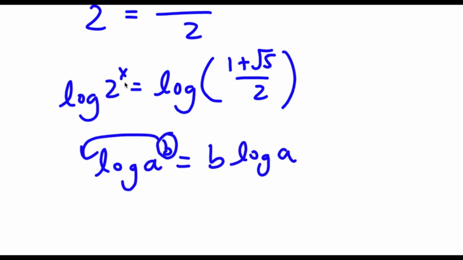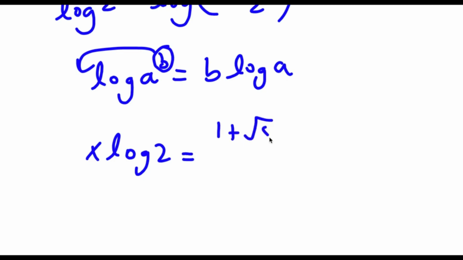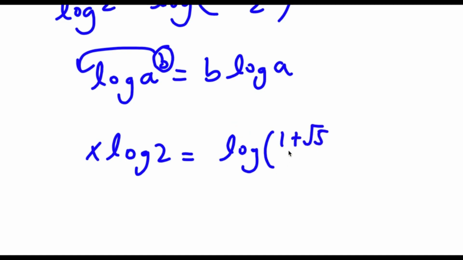So in this case, for log of 2 to the power of x, I can move x to the front. So this is going to equal x times log 2, which is equal to log of 1 plus the square root of 5 over 2.